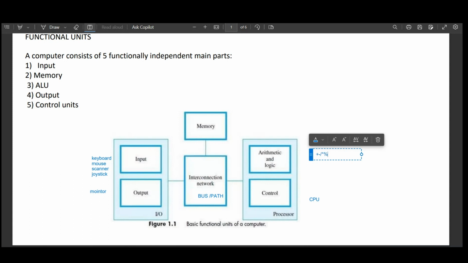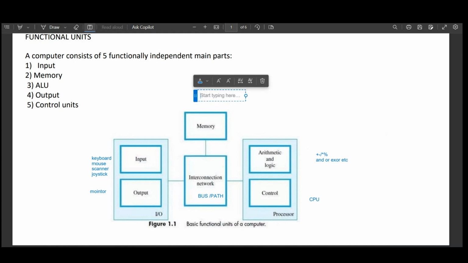Other operations that can be done in the arithmetic and logic unit are AND, OR, XOR, etc. So you know all those logic gates that we learned in our electronics concepts. That is what is done in the arithmetic and logic unit.